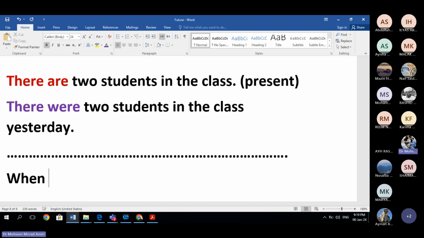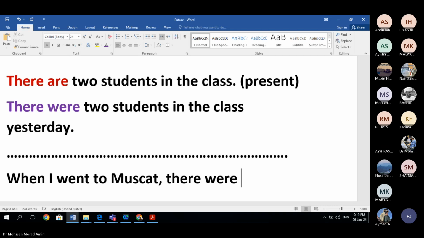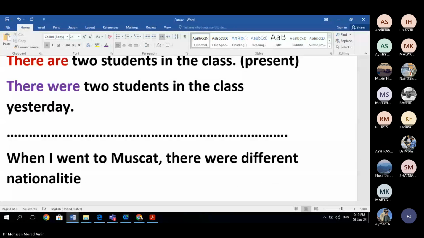When I went, for example, when I went to Muscat, يوجد, there were different nationalities.